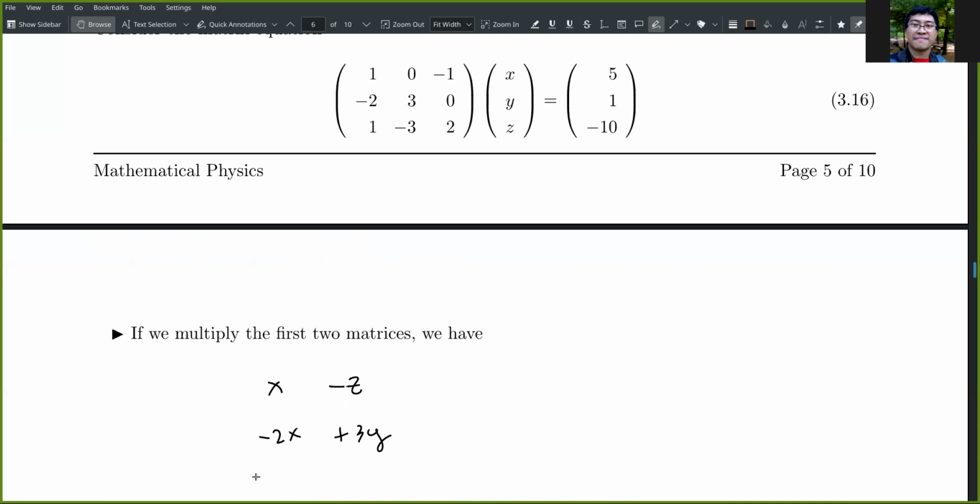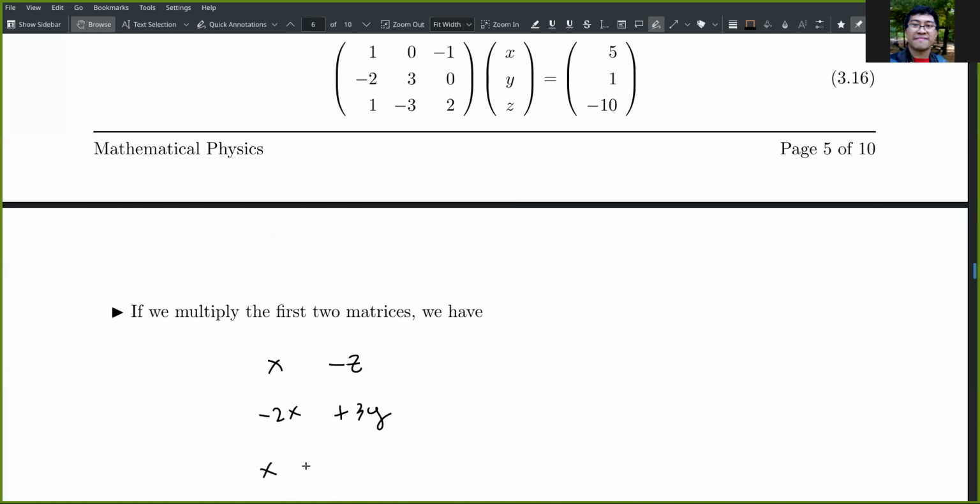And then the third would be x minus 3y plus 2z. So that's the product of these two. On the right hand side, you have 5, 1, negative 10. So again, matrices are equal if the elements are equal. So x minus z equals 5.